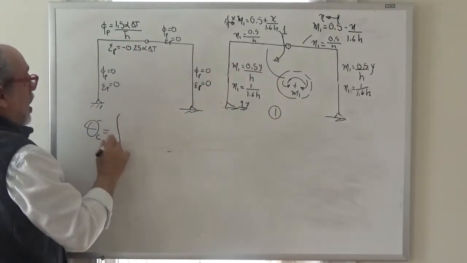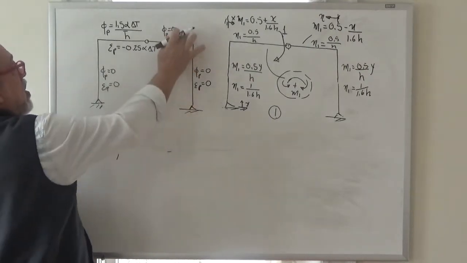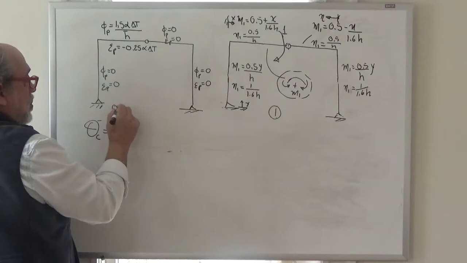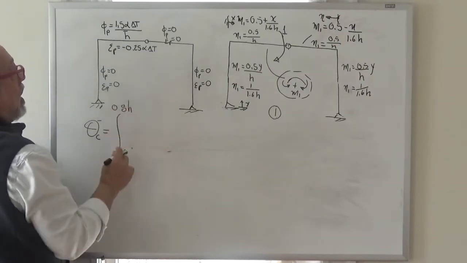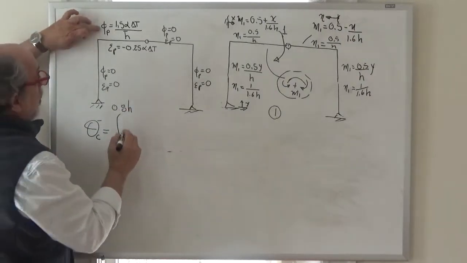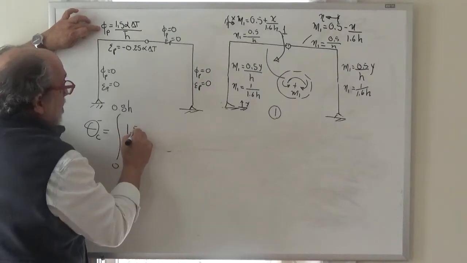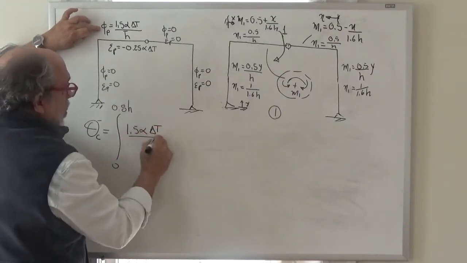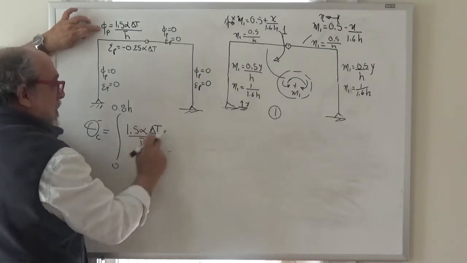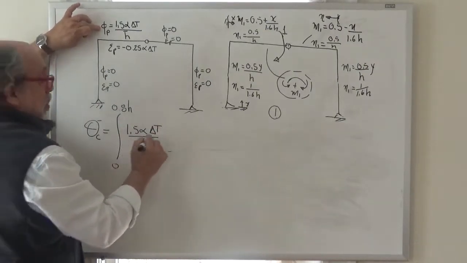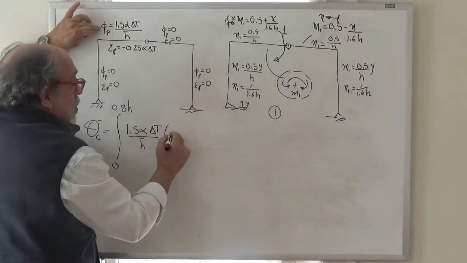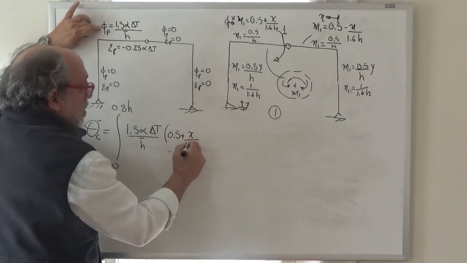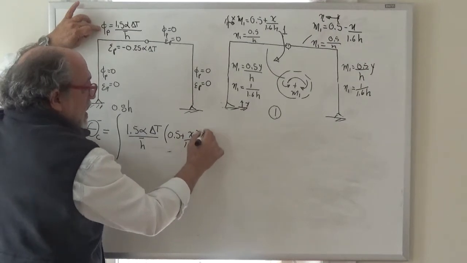So we have nothing in this bar, nothing in this bar, nothing in this bar, just in this bar. We have from 0 to 0.8 H, the curvature due to the temperature, 1.5 alpha delta T over H bar, that's the MP over EI term, multiplied times M1, which is 0.5 plus X over 1.6 H dx.